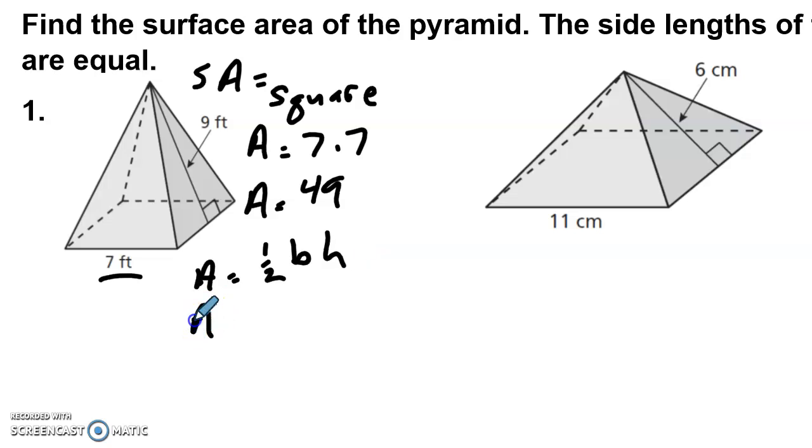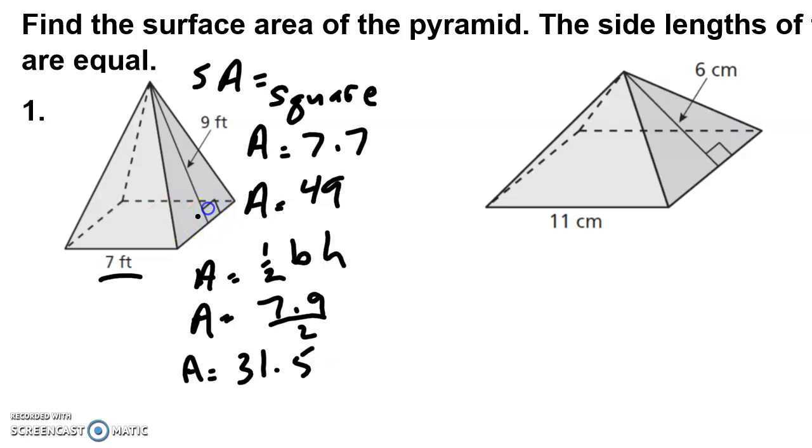So we are looking at the area is going to be 7 times 9, divided in half. So we take half of 63, and that is 31.5.